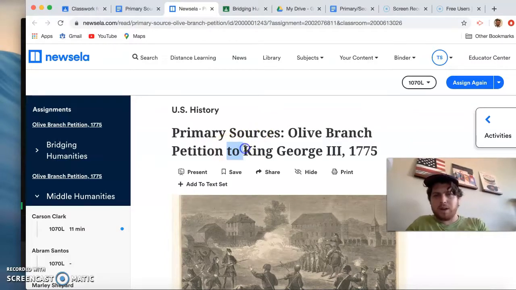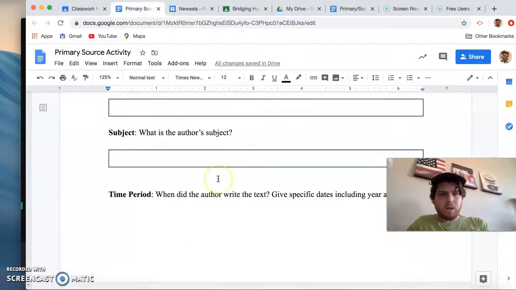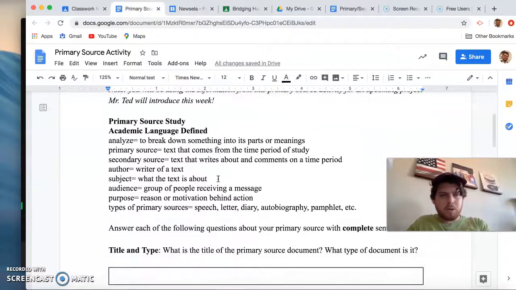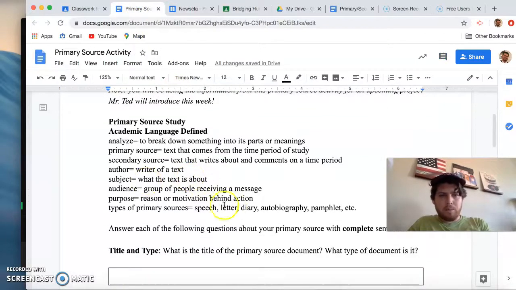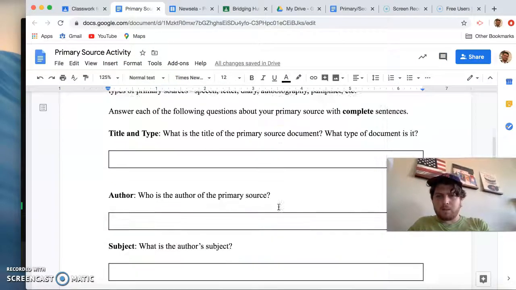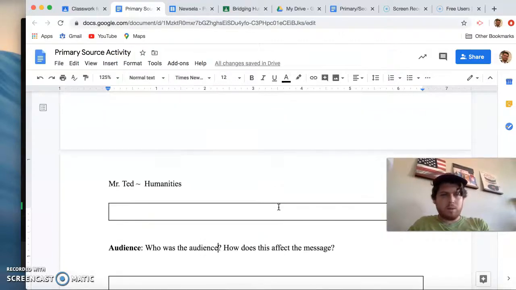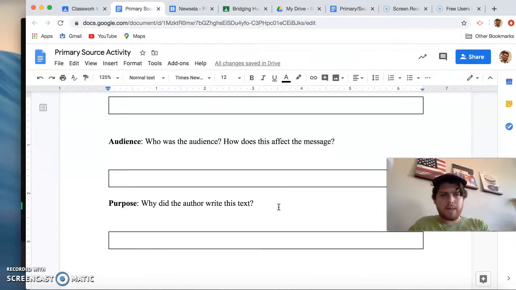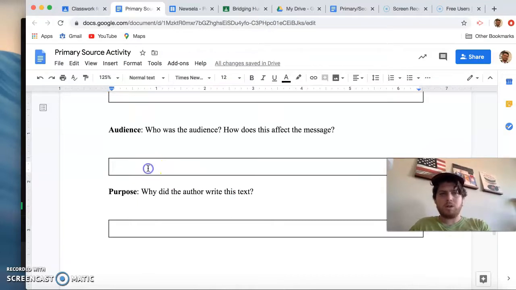Well, it says it's directed to King George III. An audience for a primary source is a group of people or a person receiving a message. So the king is the one supposed to be receiving that message. So the King George III is the audience. The audience is King George III, and they changed the way that they write because they respect the king's authority.